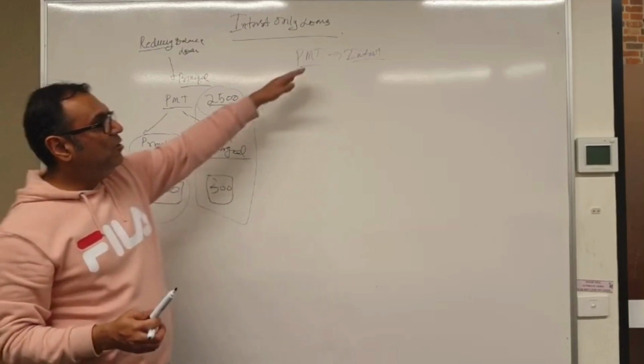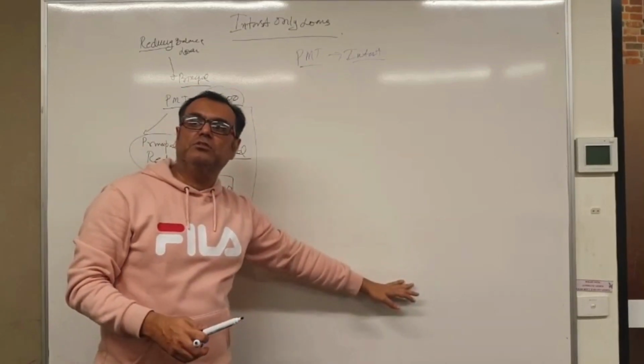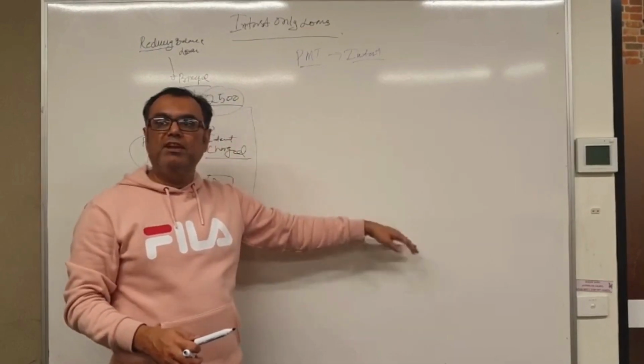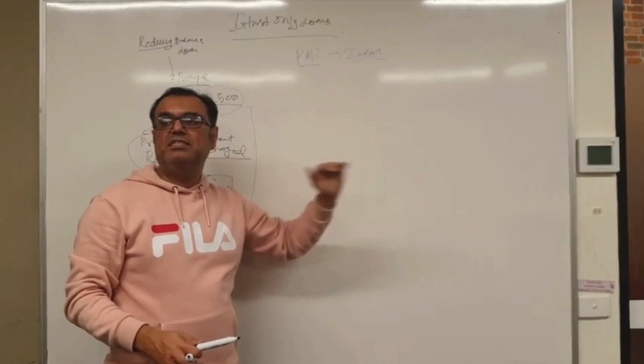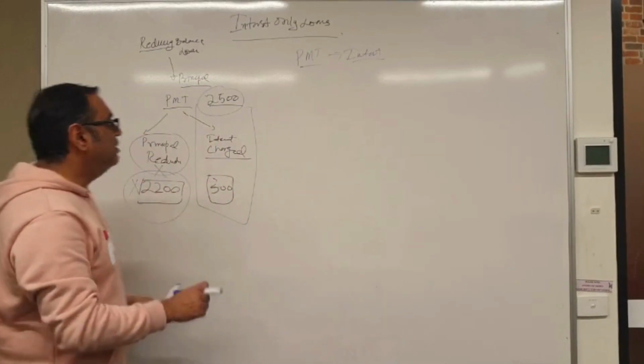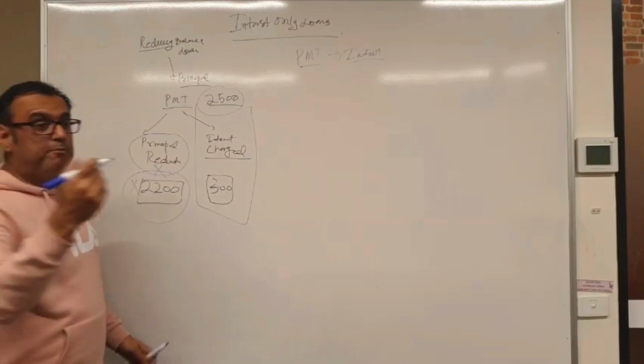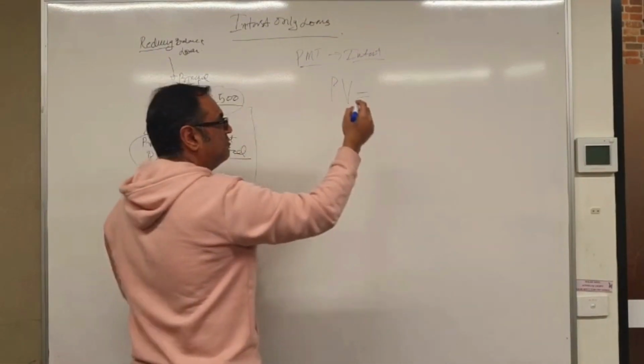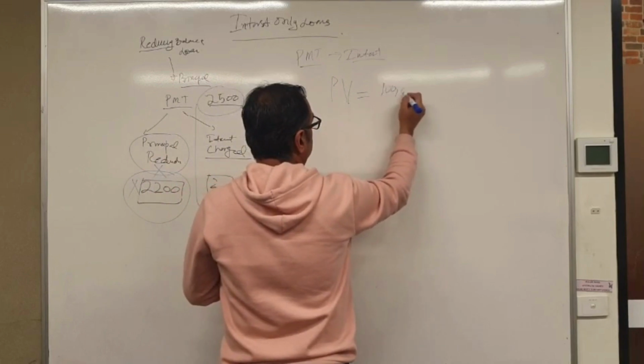Now, since you are not reducing your principal, that means you're not paying off at all. So no matter how long you keep paying your interest, you will never repay your loan. Your loan will always stand still. Suppose it was a $100,000 loan.